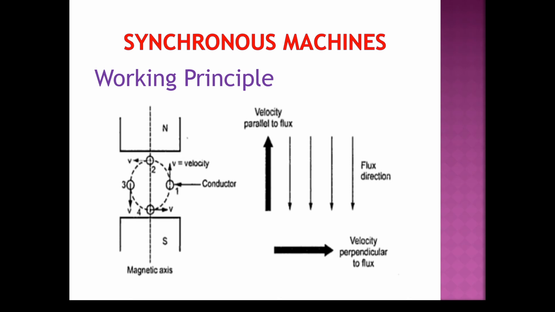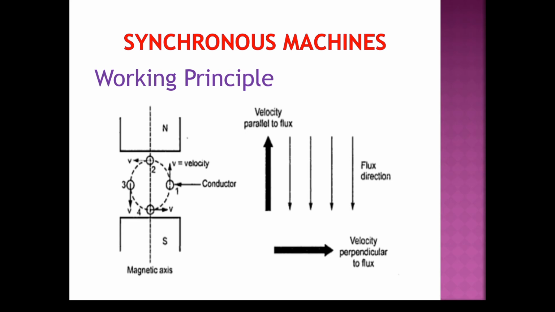The diagram on the left side is showing the relative motion of a single conductor under the magnetic field produced by two stationary poles, north and south. The conductor is placed in the magnetic field produced by these two stationary poles.